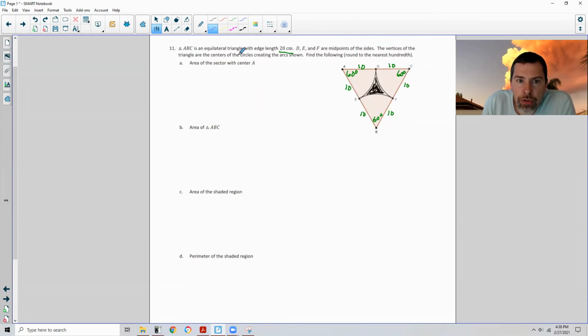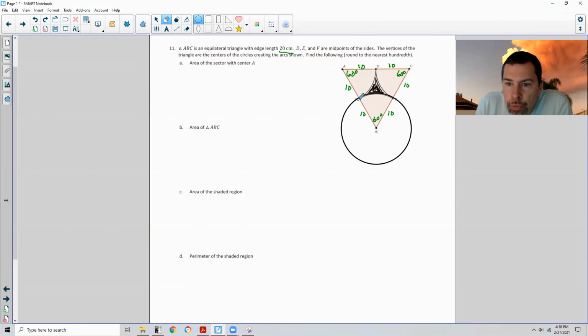The vertices of the triangle are the centers of a circle. So think about that. If I get a circle centered at B and bring it out, see how that lines up right there? That's what they're doing. They took circles like this. Oh, I'm going the wrong way. Redo. Okay, so what do we have here?